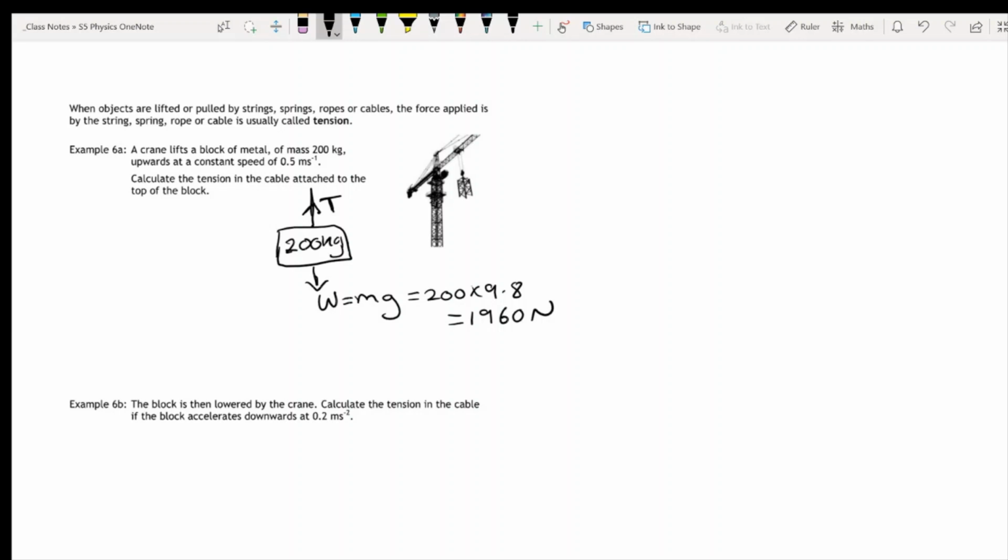So what else are we told in the question? Something really important. Constant speed. So what do we know about forces and constant speeds? Balanced, yeah. So constant speed means the forces are balanced. So T, the tension, must be the same as the weight downwards.